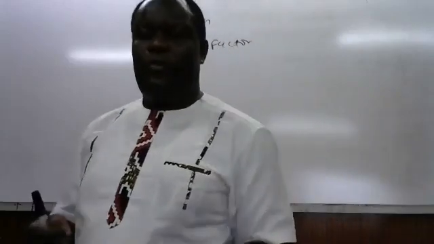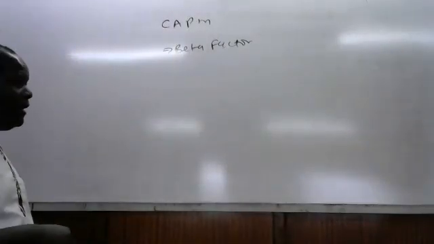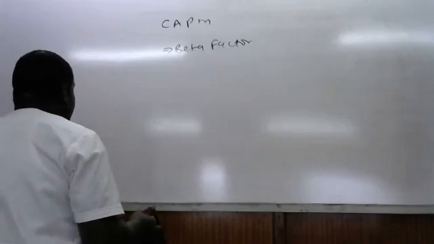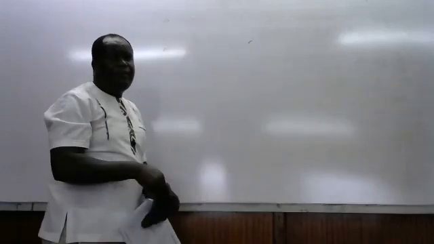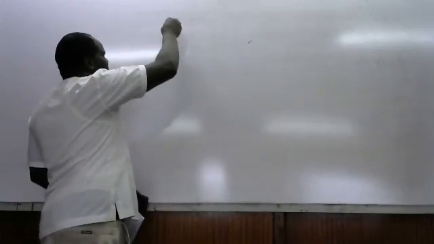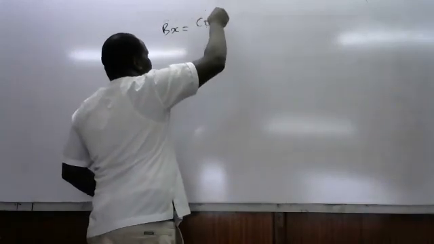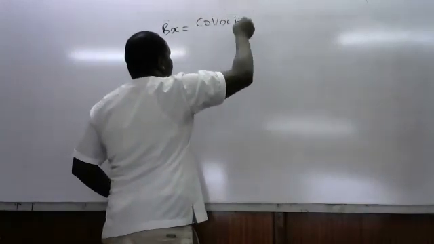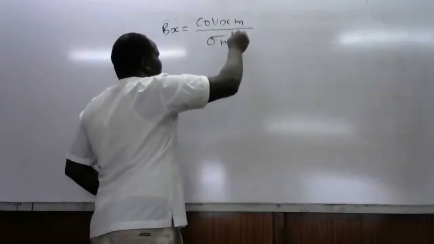In the previous 2 questions we did, I showed you how to get the beta factor. There were 3 methods, and we had already applied 2 of them. The first method, to get the beta factor of security X, is the covariance between security X and the market, divided by the variance of the market.